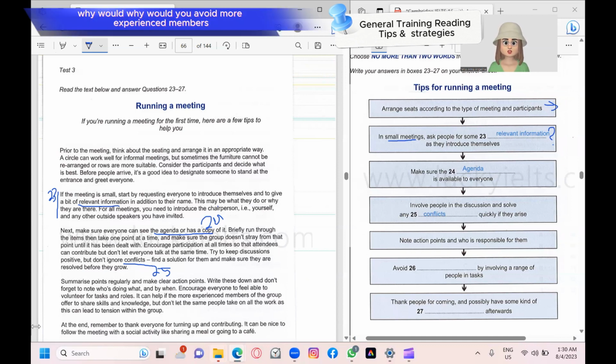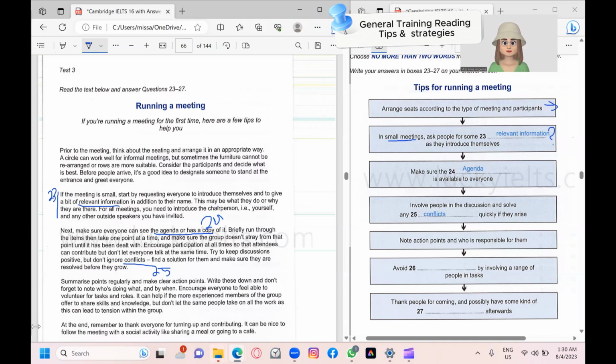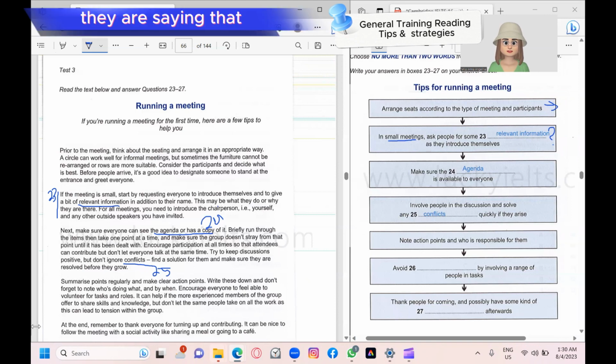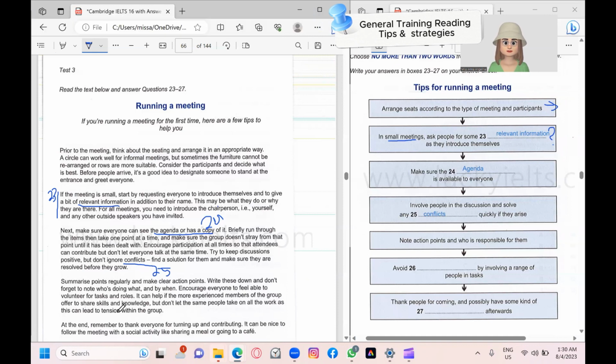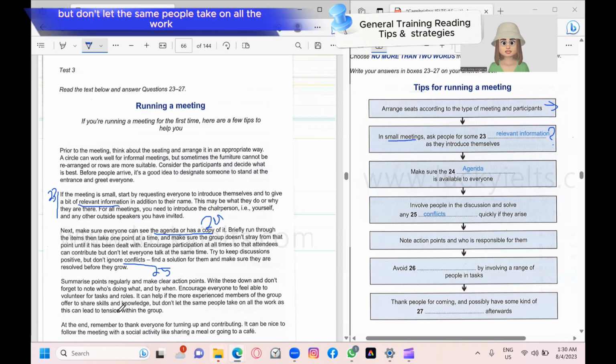Why would you avoid more experienced members? It's not written in here. They are saying that more experienced members of the group offer to share skills and knowledge. Include them. But don't let the same people take on all the work, as this can lead to tension within the group.